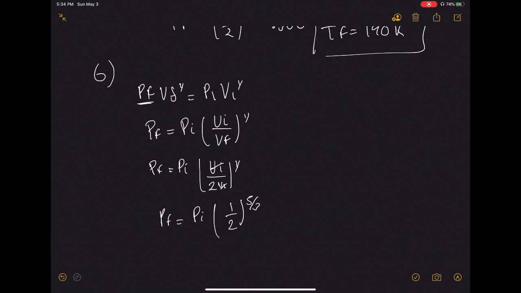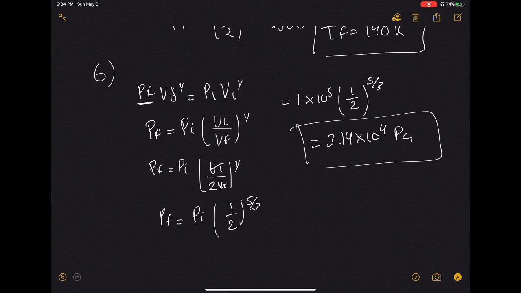Now we just plug in the P initial that we know is 1 times 10 to the 5 times 1/2 to the 5 over 3, and that's going to give us 3.14 times 10 to the 4 Pa. And that's it.